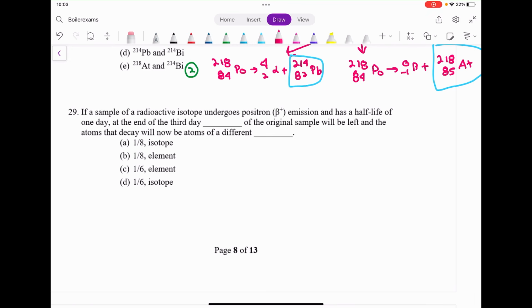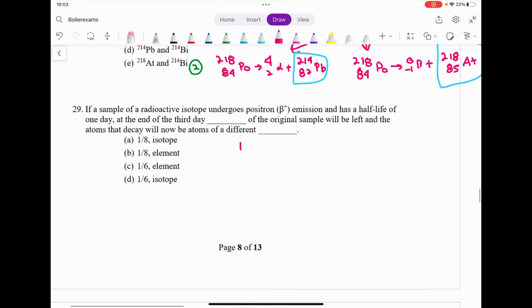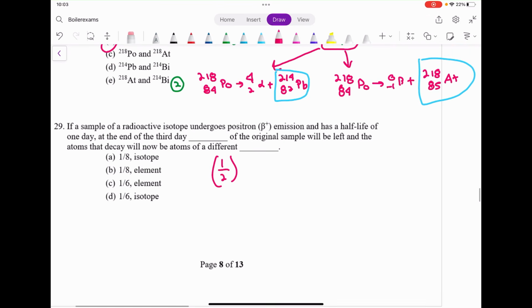And if you want to know how much is left after X days, you can just do half to the exponent of the number of days. So after 3 days, this would be 1/8 left. In case that's not obvious, we know simply that it's losing half every day.